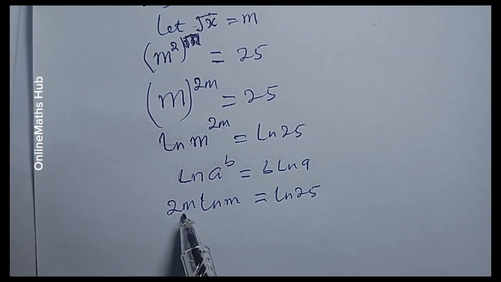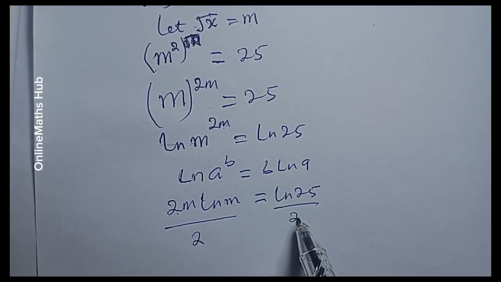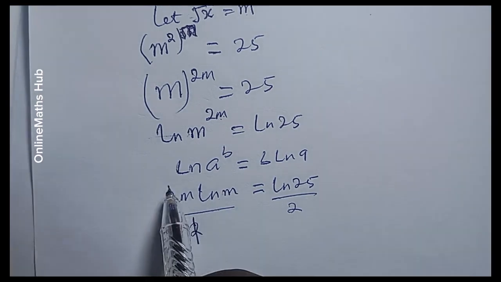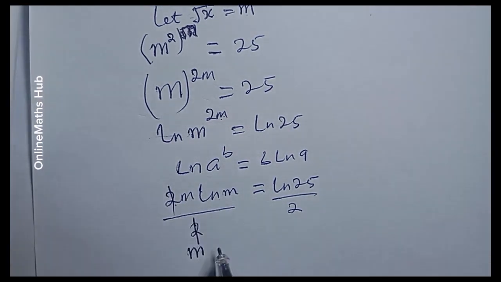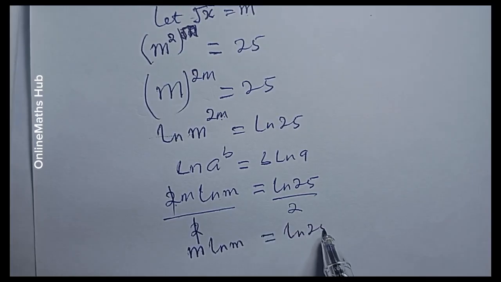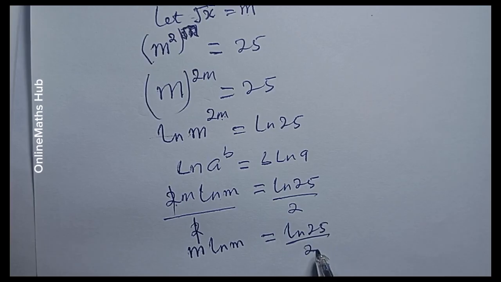At this point I am going to divide through by this 2 right here, so that it cancels and I have m multiplied by the natural log of m is equal to the natural log of 25 divided by 2.